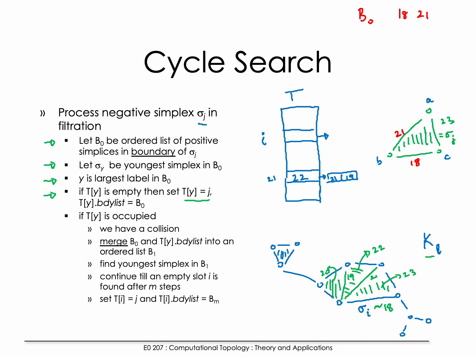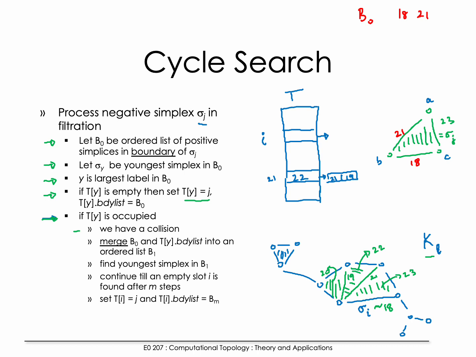So going back to the algorithm, if t of y is empty, then you have found your pair, but t of y here is not empty. In fact, it is occupied, and this is what we call a collision. So t of y is occupied, so we have a collision. Now what do we do?